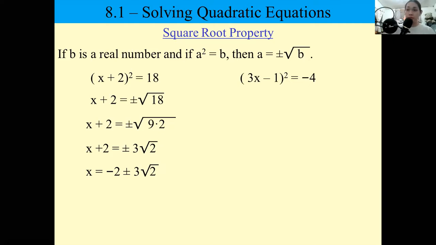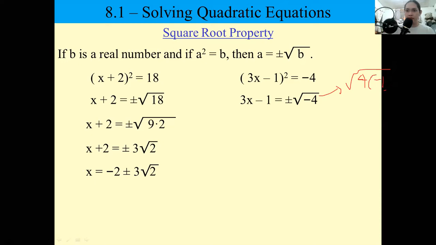You can solve using the square root property by taking the square root of both sides of the equation. That gives you 3x minus 1 is equal to positive and negative square root of negative 4. This is negative 4 on the right side of the equation, so there is also another imaginary number. We can factor it as positive 4 times negative 1.